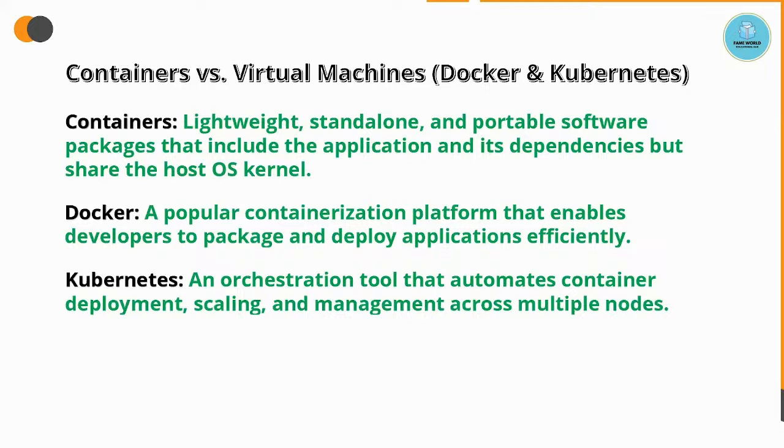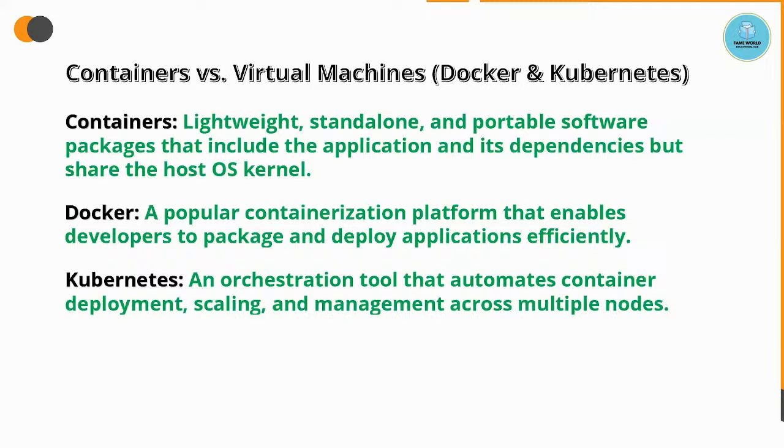So the host operating system kernel is shared. Docker is a popular containerization platform that enables developers to package and deploy applications efficiently. Simply, Docker is an example of a container.